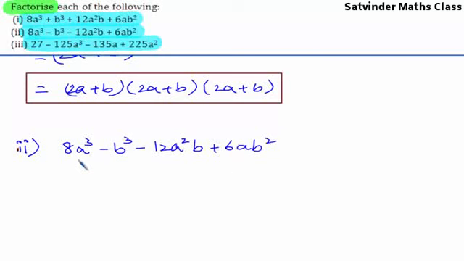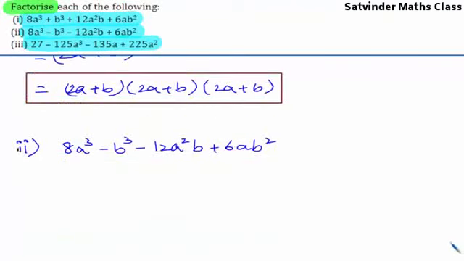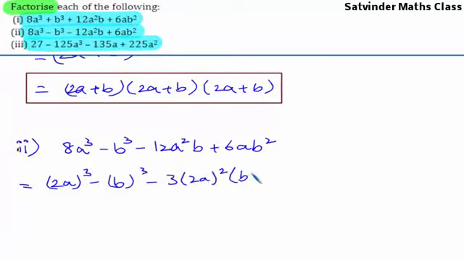If you observe, this is very similar to the first polynomial except the fact that b is negative. Therefore, this can be written as 2a whole cube minus b whole cube minus 3 into 2a whole square into b plus 3 into 2a into b whole square.